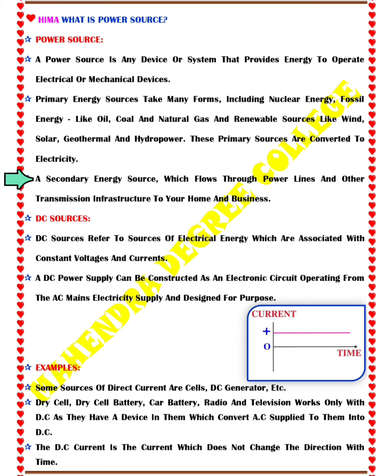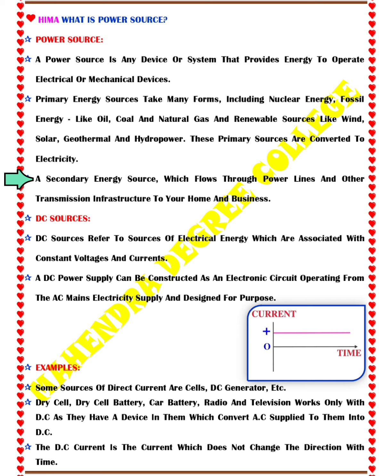It refers to energy that has been converted from a primary energy source. For example, electricity is the most common secondary energy source, which flows through power lines.